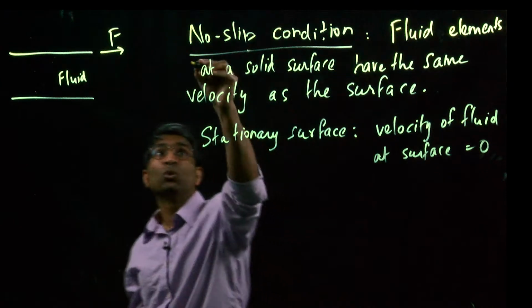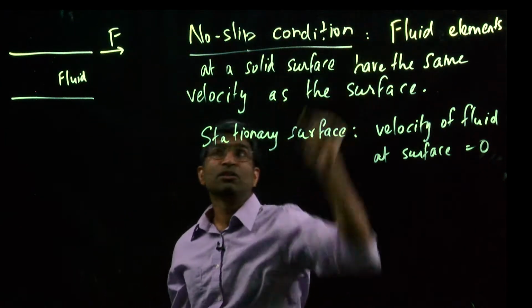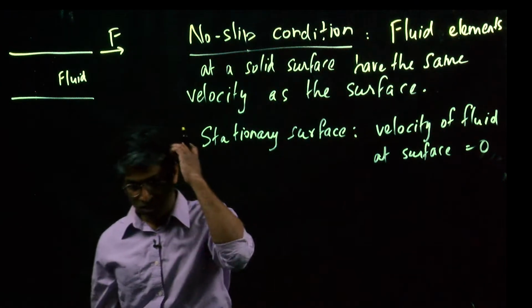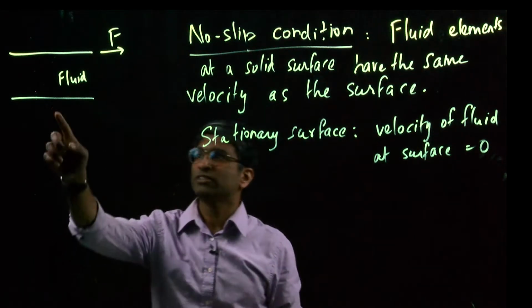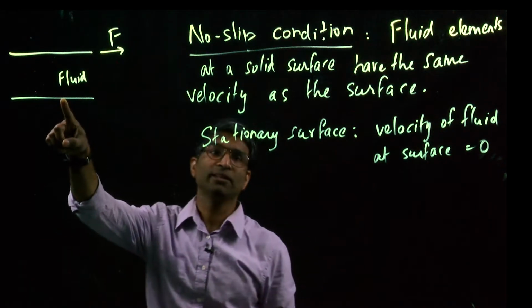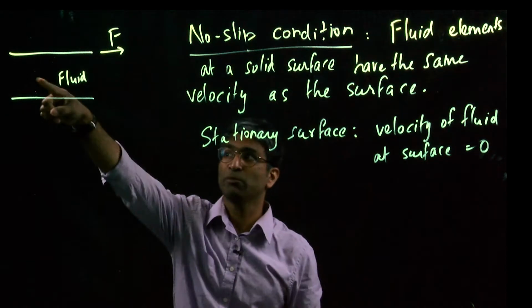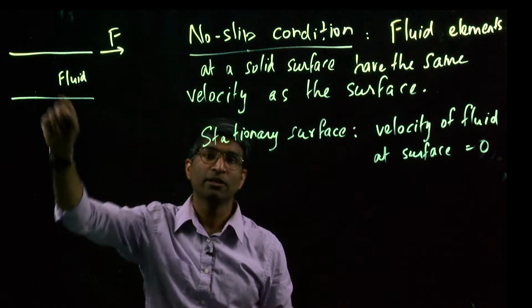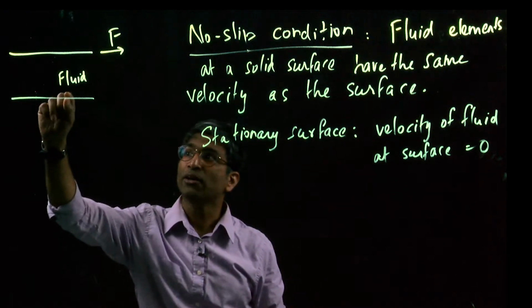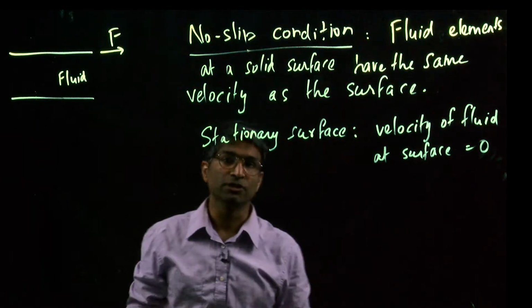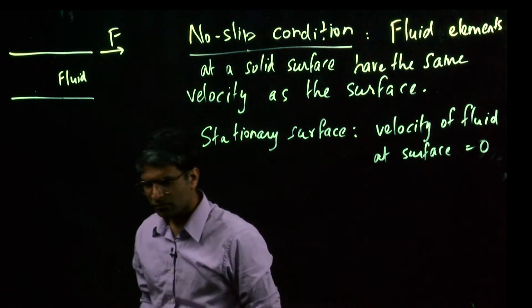And that is what we call the no-slip condition. That essentially says fluids do not slip past a solid surface. Locally, they stick to the solid surface. There might be velocities in the interior, but if the solid is stationary, then the fluid layer right next to that solid surface is going to be stationary.